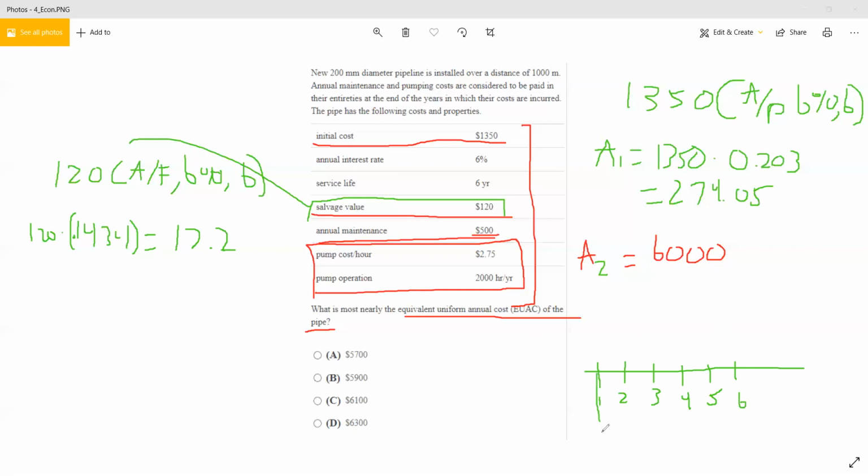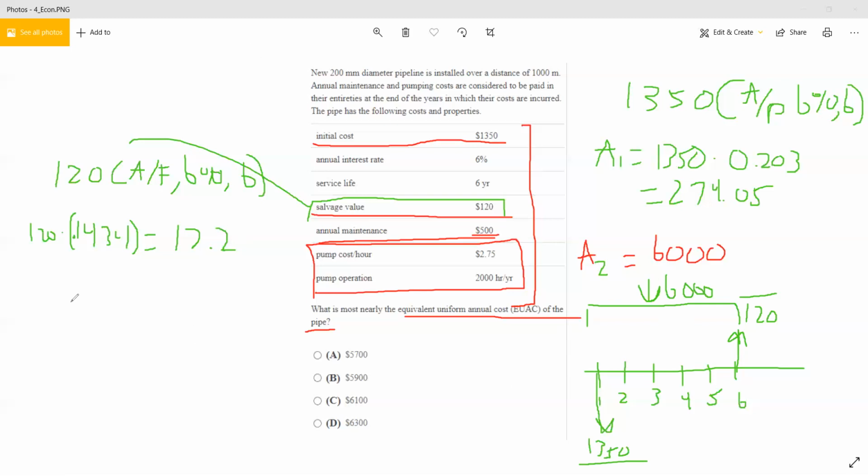Originally, we had 1350, 120, and then the 6,000, which is the combined annual cost. So what we did is we spread out this 1350 and this 120, and altogether, what is it going to be?